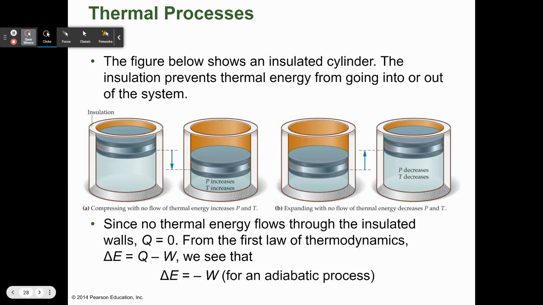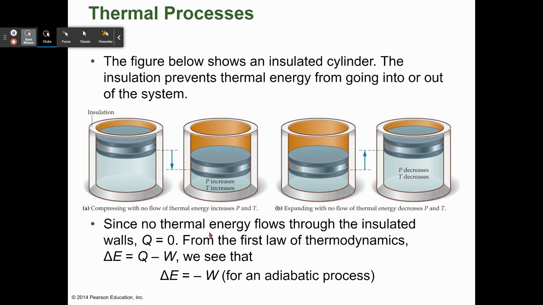All right, so the figure below, we see some different insulated cylinders. The insulation prevents thermal energy from going into or out of the system. So we see that it's insulated here. That means that if heat is not going into or out of the system, there's no thermal energy flow.